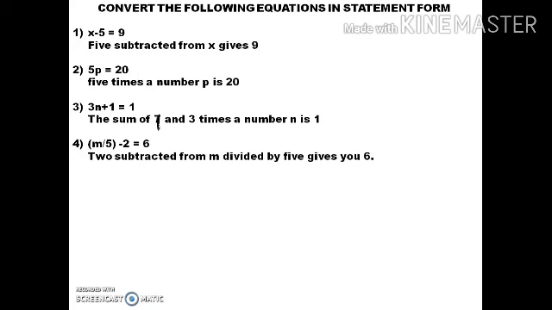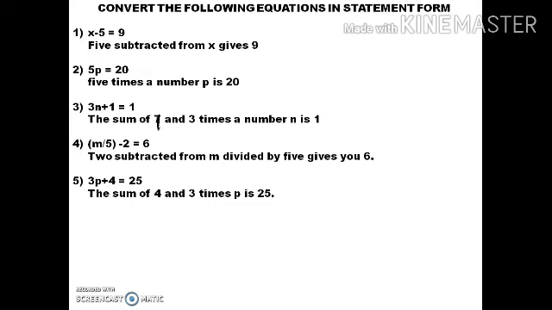Next one. 3p plus 4 equal to 25. How can you write it? The sum of 4 and 3 times p is 25.